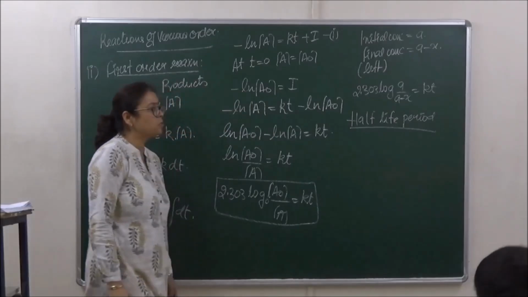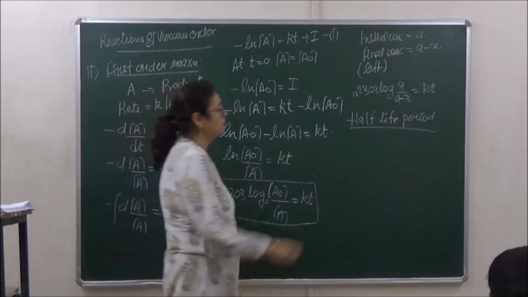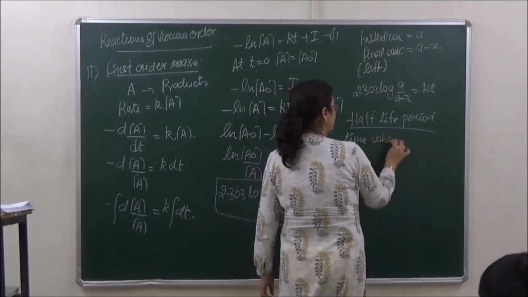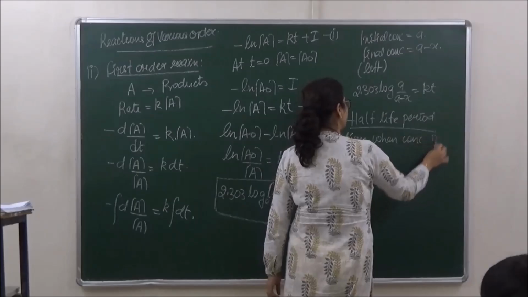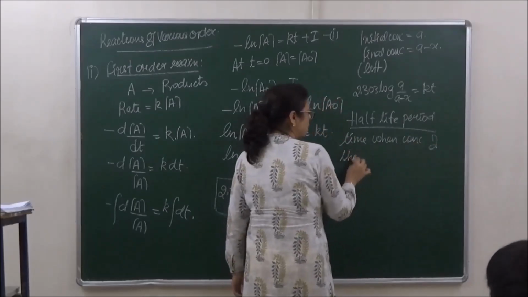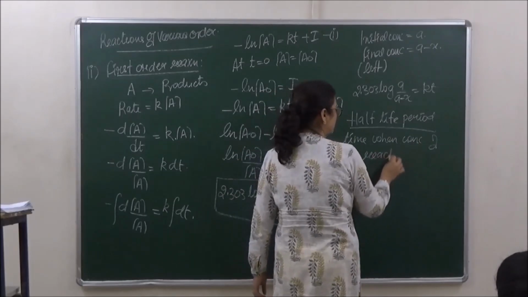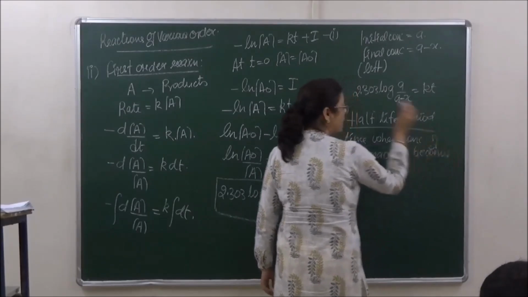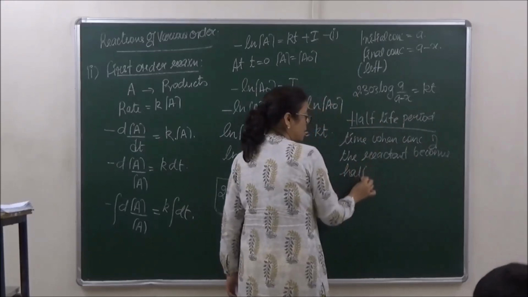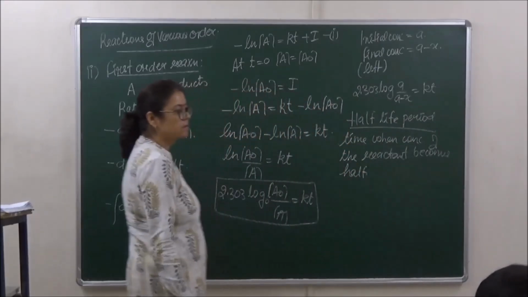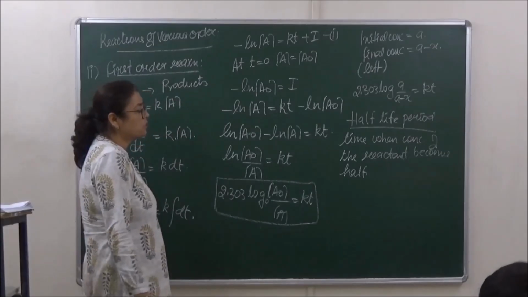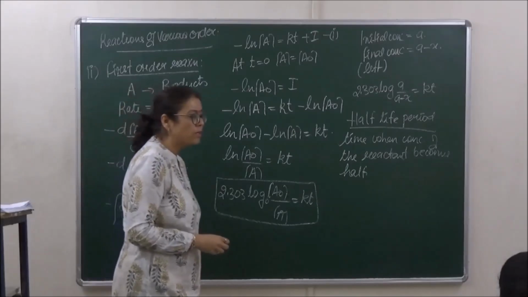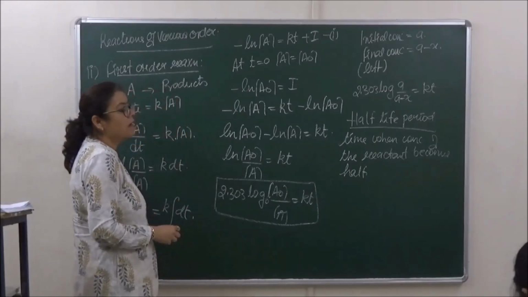Half-life period is the time when the concentration of the reactant becomes half. ठीक है? So जब concentration half रह जाती है, मतलब half of the reactant has been consumed, then that is known as the half-life period.